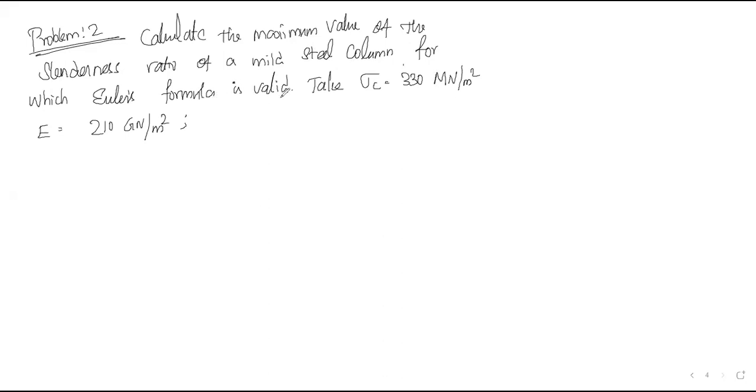So here, we have to calculate the value of slenderness ratio, that is, at what value it is accepted to act as a column. That is what we are going to discuss right now.